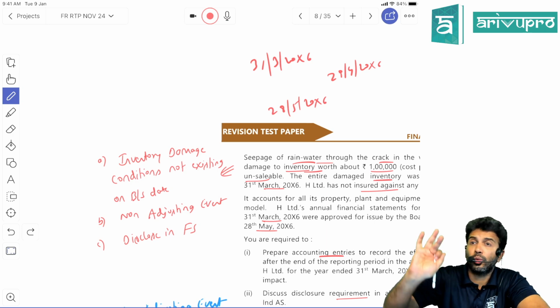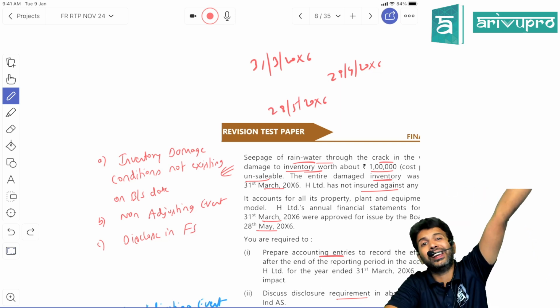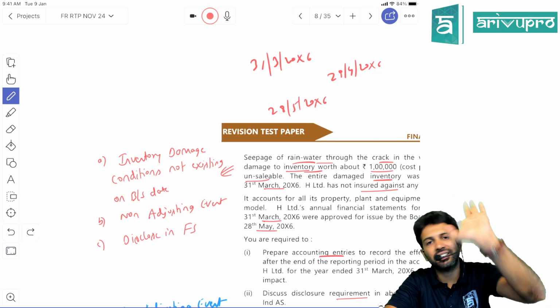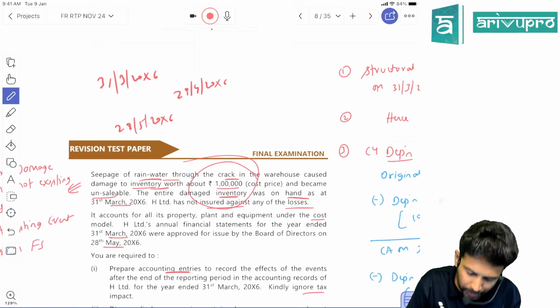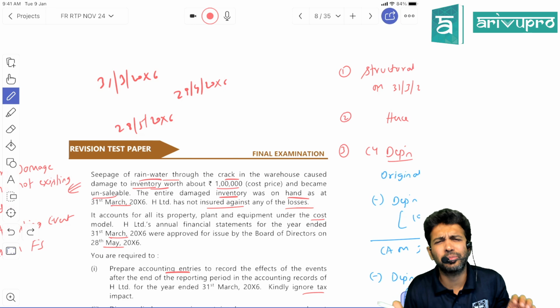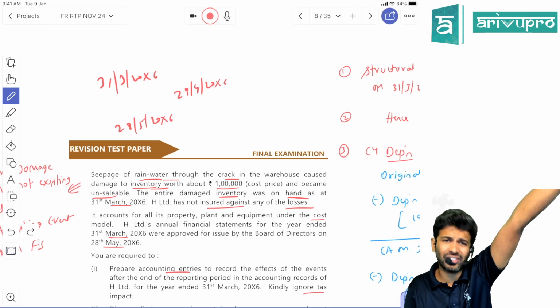Again, warehouse damage was due to the structural fault. Structural fault was existing since many years. So the condition was already existing on balance sheet date. So hence it is an adjusting event. But this water coming in through rainfall, because the warehouse has got damaged, probably there is some space through which the water has come in. That condition was not there on the balance sheet date.